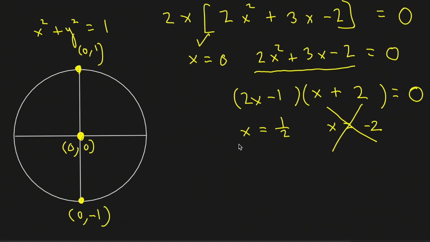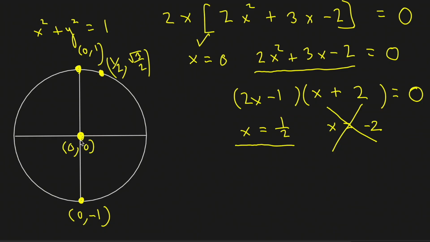But when we look at x equal to 1/2 on the unit circle, we find that y has to be equal to the square root of 3 over 2 in order that x squared plus y squared be equal to 1. So this is going to be another possibility, and this is the point (1/2, square root of 3 over 2).